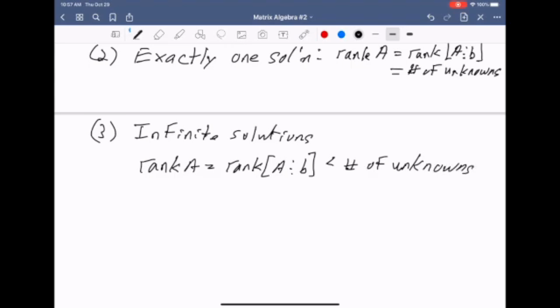So if the rank of A equals the rank of A augmented by B, which is equal to the number of unknowns, you get exactly one solution, this one up here. And if this condition holds, that it's less than the number of unknowns, then you get an infinite number of solutions.